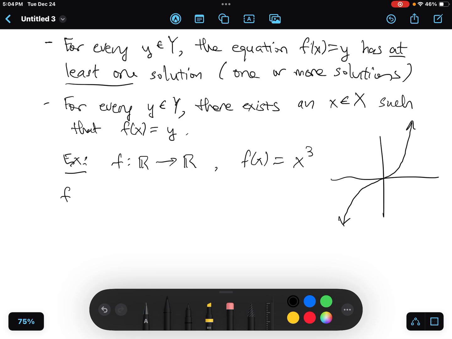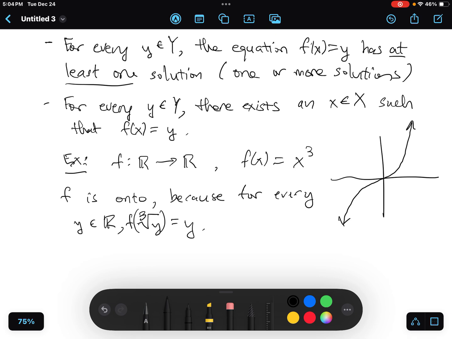So this function is onto because if you have an element, say little y, in the real numbers, so in the codomain, what value when you plug it into f will give you y? What's the number that when you cube it will give you y? In terms of y, it's the cube root, right? The cube root of y, f of that is equal to y. So that explains why f is onto.